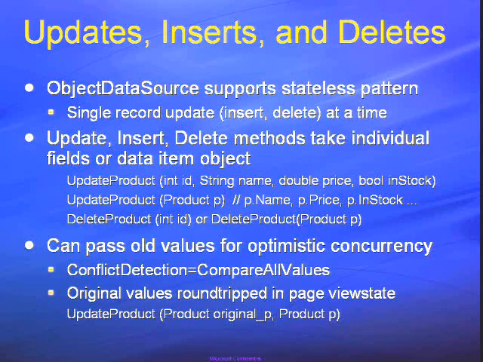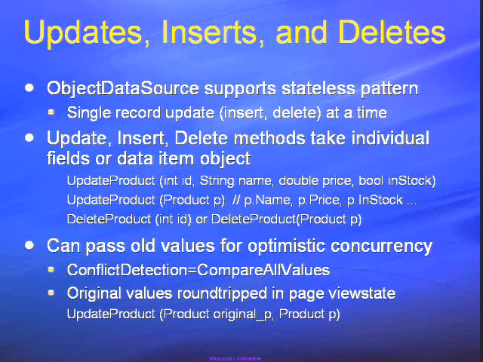So the way that works is Object Data Source will new up an order object and package it up full of old values, and then new up another order object and package it up with all the new values, and then hand that off to an update method. And so that's the pattern that Object Data Source requires.